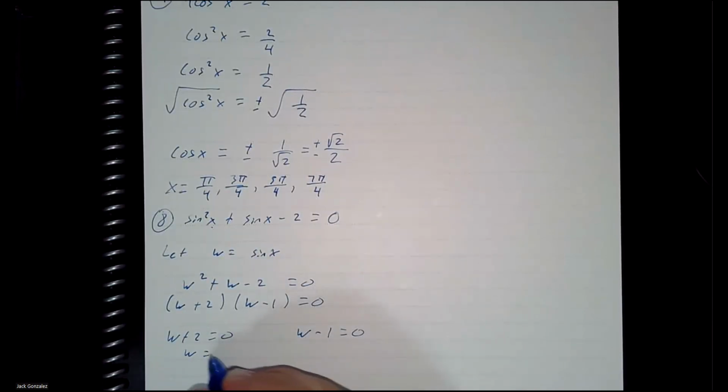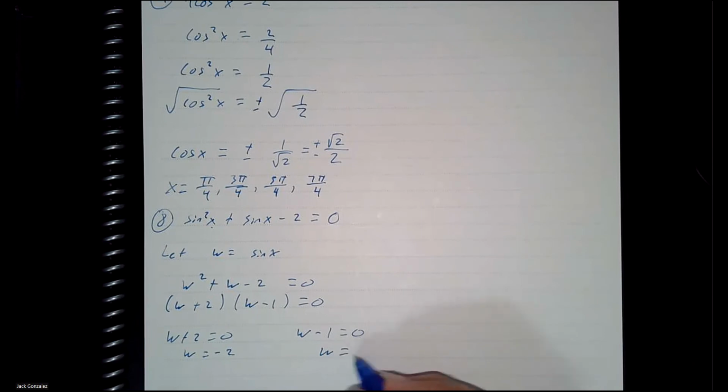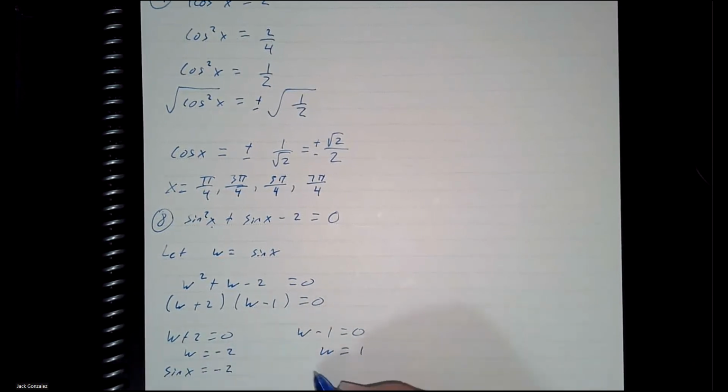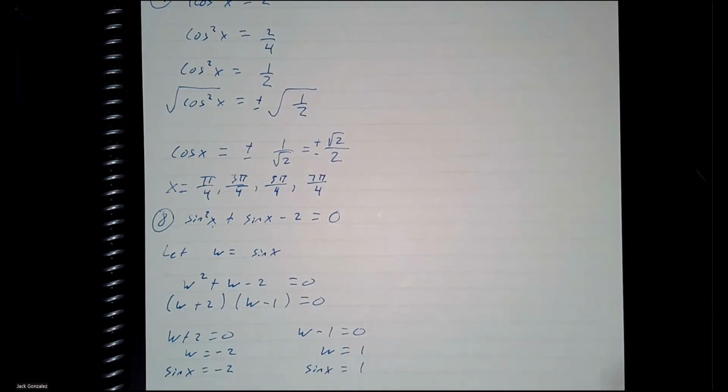So w equals -2 and w equals 1. But w is made up, so bring back your sine. Sine x will never equal -2, so this has no solution.